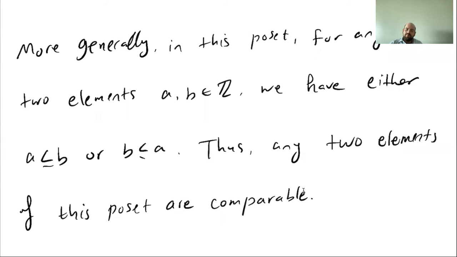Any two elements are comparable because for any two A and B, either A is less than or equal to B or B is less than or equal to A, right? Any two numbers that you consider in this set of integers.